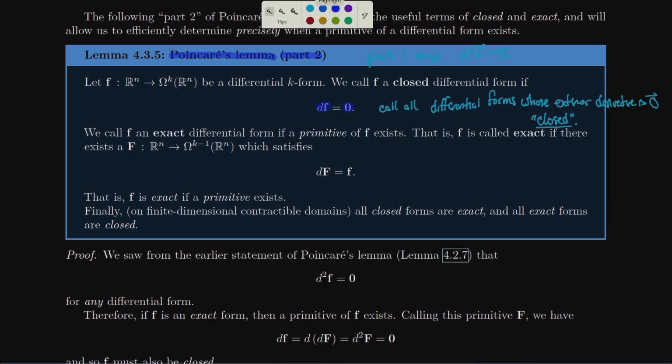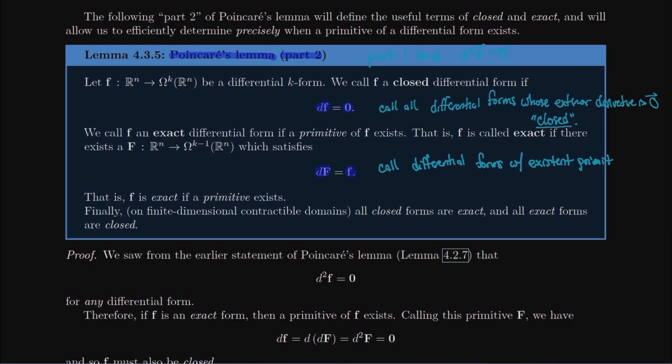We're also going to give a name to differential forms which have primitives. We're going to call all differential forms with existent primitives exact. There's an exercise at the end of this chapter on why we use the word exact here. And in fact, closed will make a little bit more sense in the future chapter when we cover the generalized Stokes theorem.